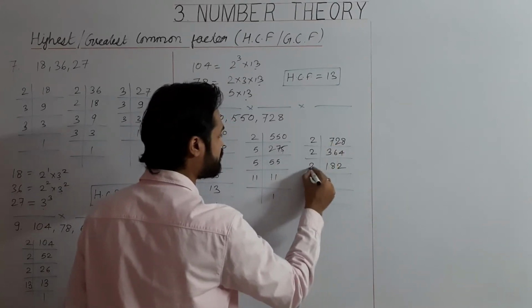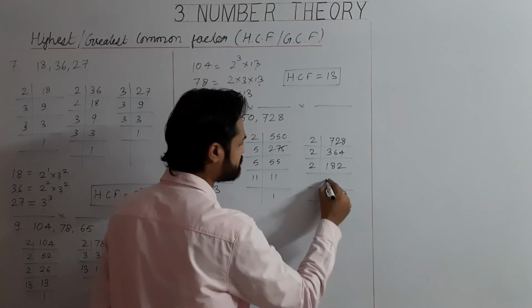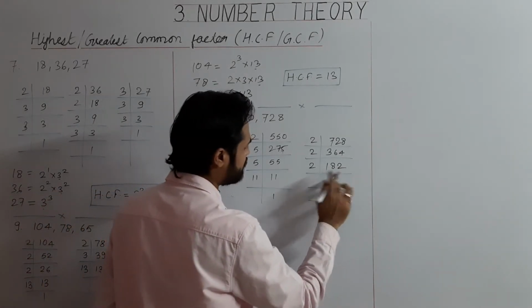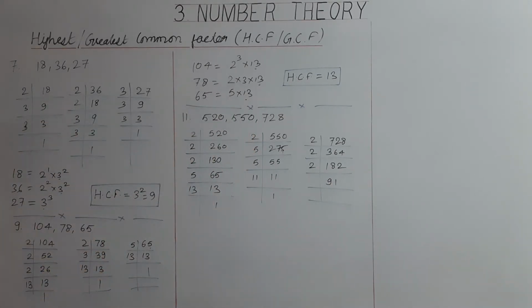Again even number, by 2, half of 182 is 91. Now 91 is an odd number, so we have to check for its divisibility by 3. 9 plus 1 is 10. 10 means the number is not a multiple of 3.